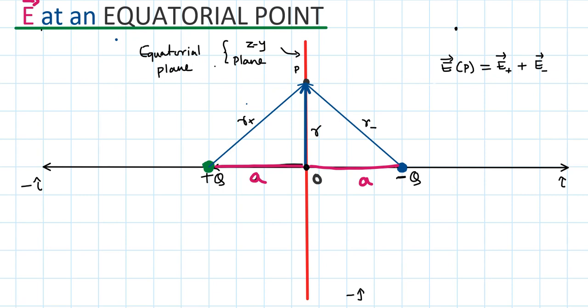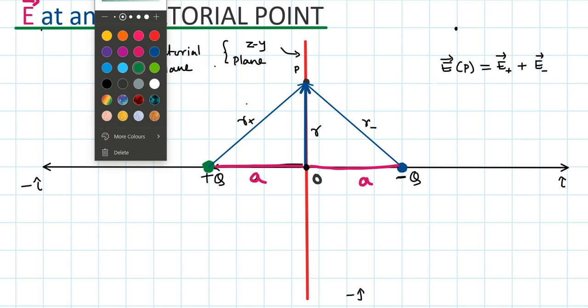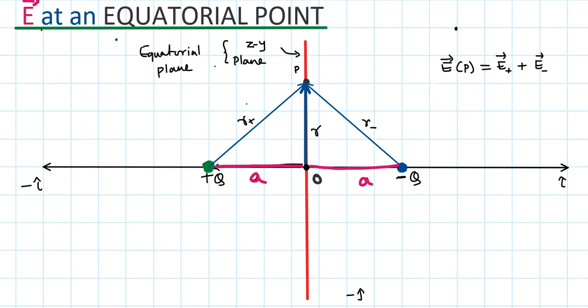Fine. Since we have mentioned and drawn all the distances involved, it's time for us to evaluate the direction of the electric field. Now, even in the presence of any other charge, the superposition principle states that the electric field due to an individual charge is unaffected.